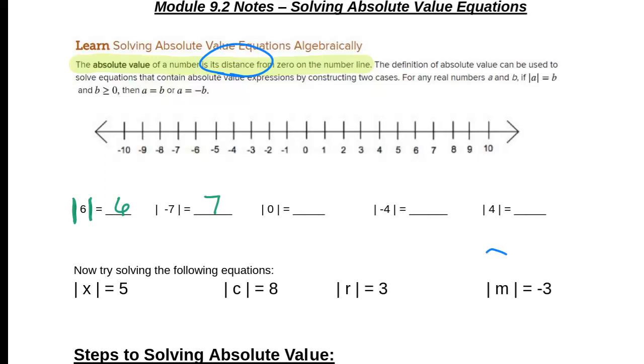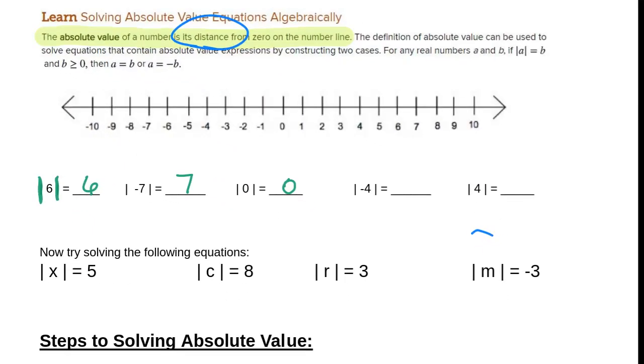How far away from 0 is 0? How many units away? It's 0 units. 0 is the only number that has only one case, because 0 is in the middle, so it's 0.